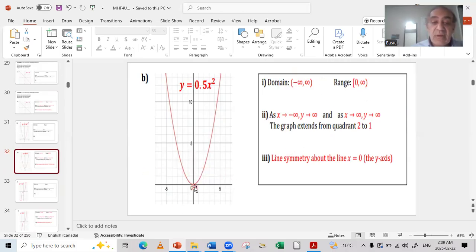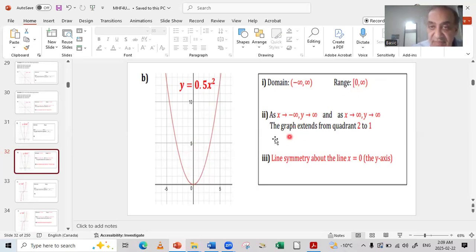But y must start from 0, because we start here from 0 and it can go to any positive values, up to positive infinity. So x here is all values and y is from 0 to infinity.